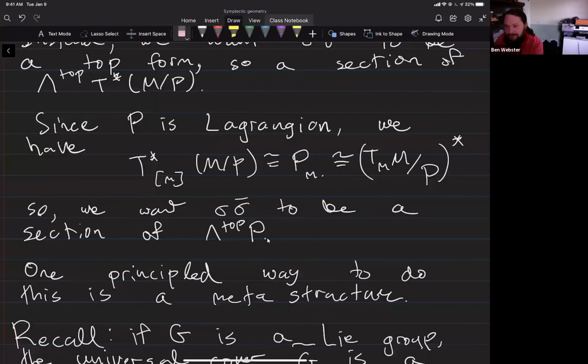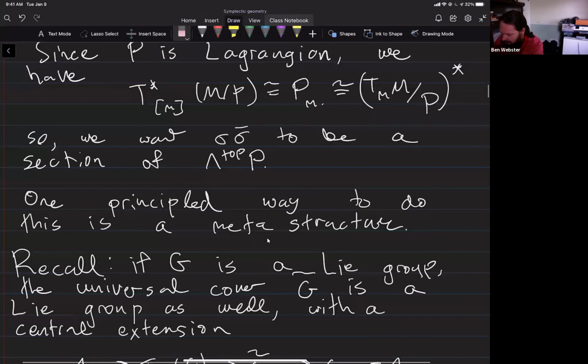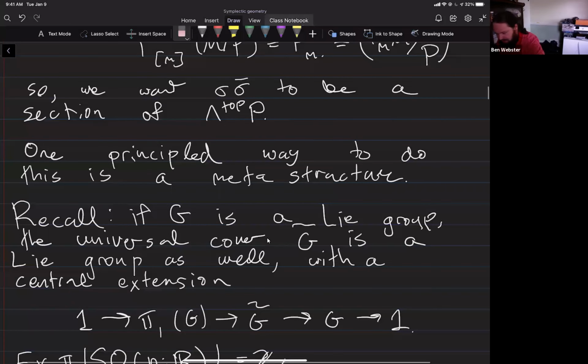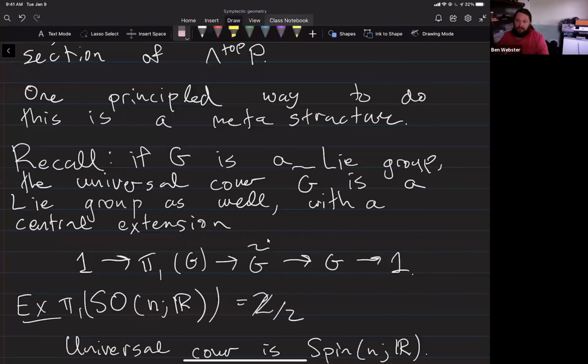So one way to do this is to say we want a thing called a metaplectic structure. So let me talk about that a little bit in general. Might be interesting for you anyways. So just recall, if G is a Lie group, then its universal cover is also a Lie group. And the map down to the original Lie group is a central extension. So when I take the universal cover, pi_1 of G, so in general, when you take the universal cover of a reasonably well-behaved space like a manifold, the pi_1 acts on the universal cover and the original manifold is the quotient by it.